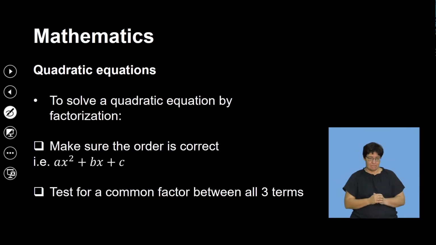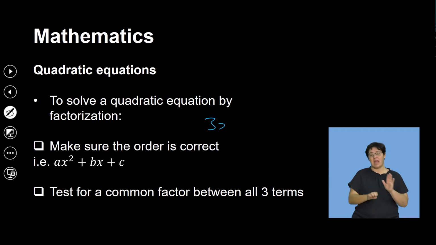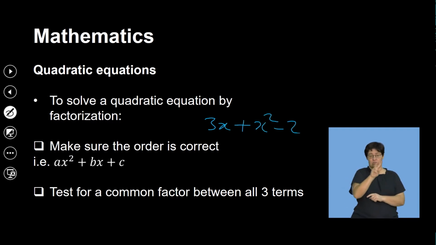Now, to solve a quadratic equation by factorization, one thing that you need to make sure is that the order is correct. At times I will give it to you, let's say, as 3x plus x squared minus 2. As soon as you see something like this, you first need to make sure that the x squared is the leading term.